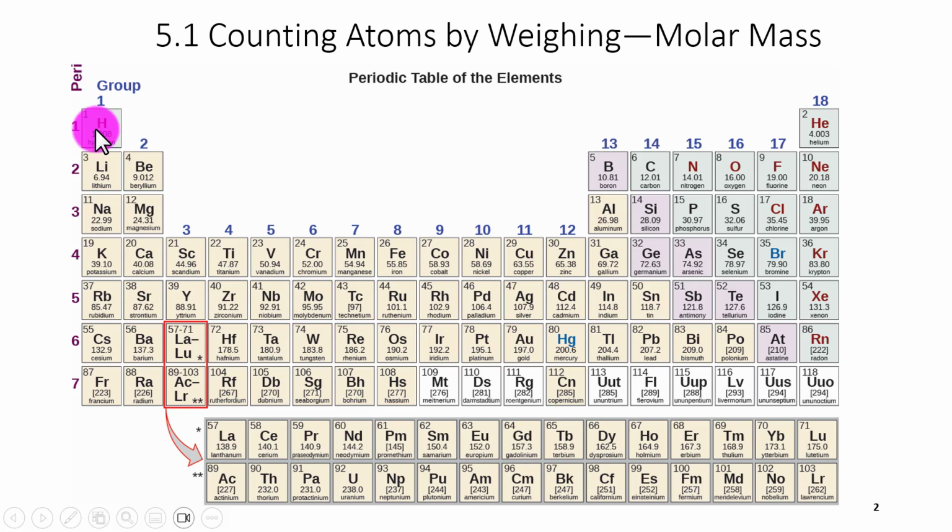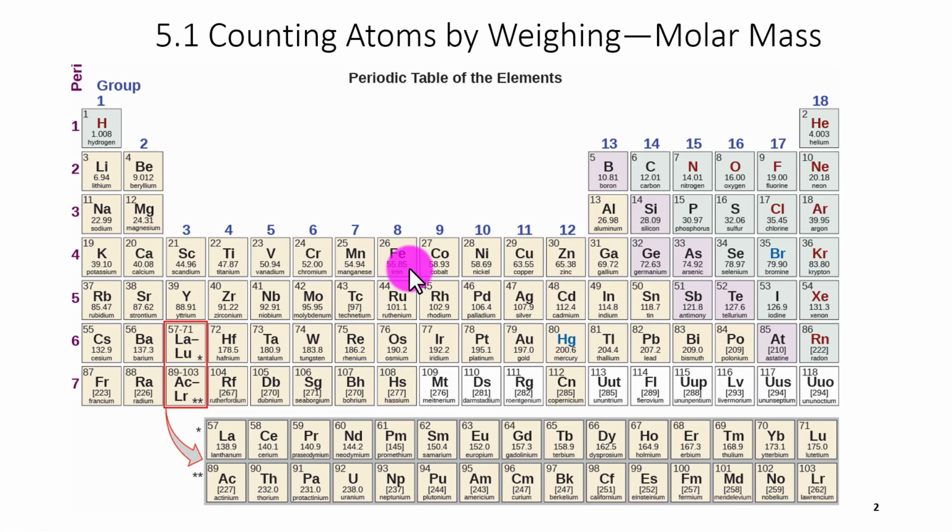So 1 mole of hydrogen atoms weighs 1.008 grams. When I'm talking about 1 atom, it's 1.008 AMUs. When I talk about 1 mole, it's 1.008 grams. For iron, 1 iron atom is 55.85 AMUs. 1 mole of iron atoms weighs 55.85 grams.